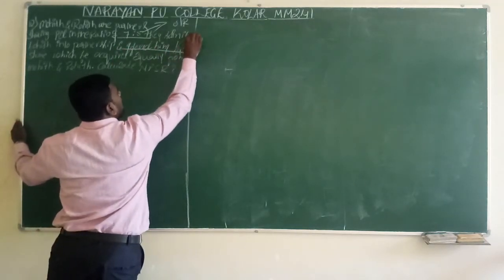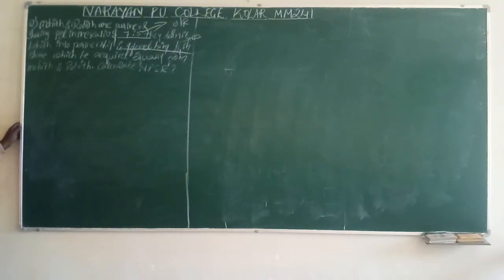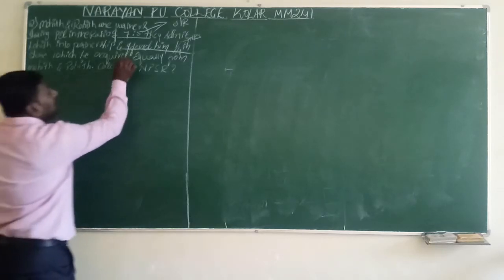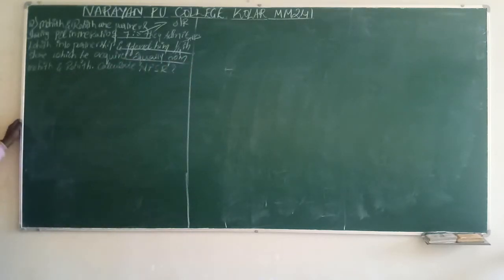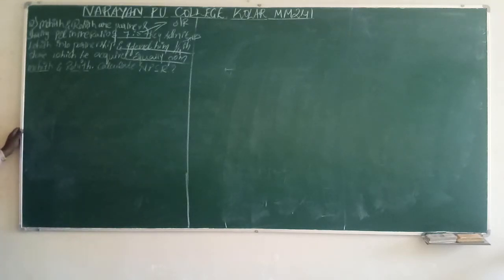This will be considered as the new partner's share, NPS, which he acquires equally. Here the ratio is not given, they gave equally, that is 1:1, because previously 2 partners are there. Recently they are admitting 1 new partner. The old partners are 2 members, so the ratio is 1:1, which he acquires equally from Mohit and Rohit. Calculate the new profit sharing ratio.